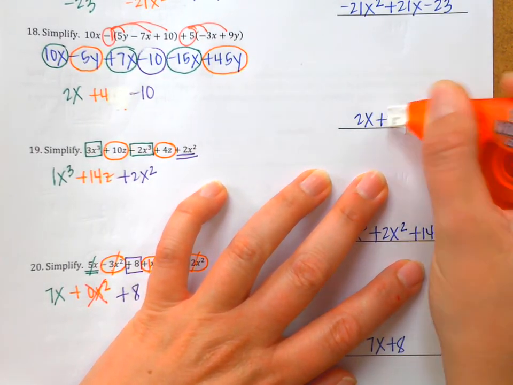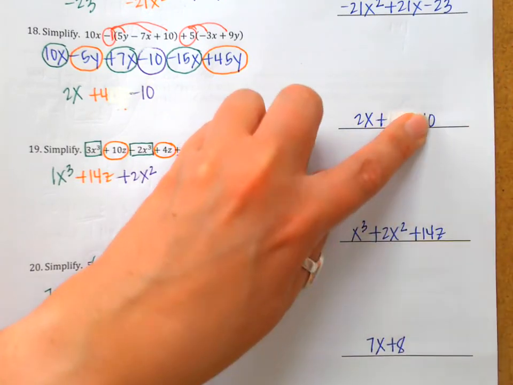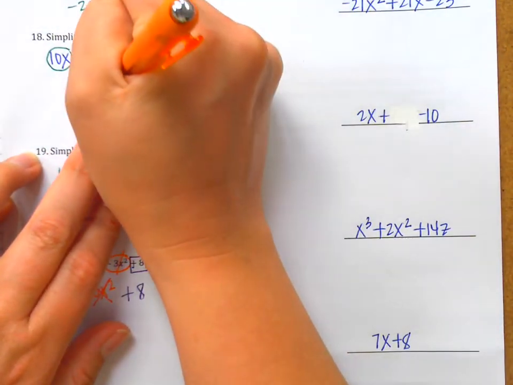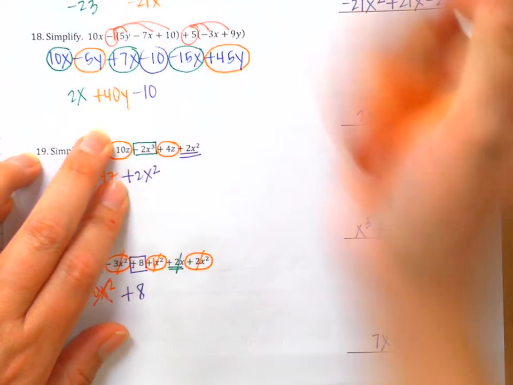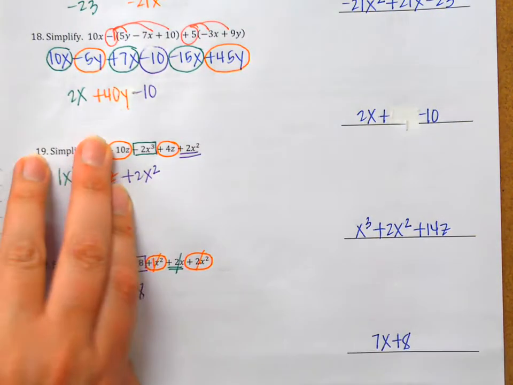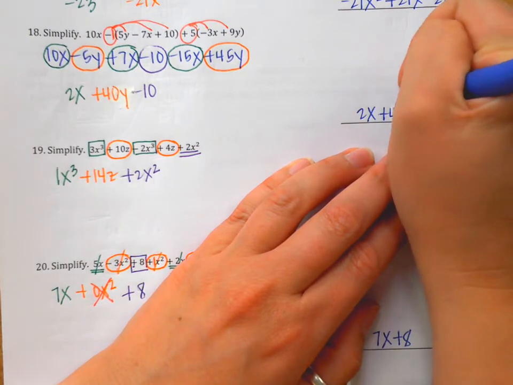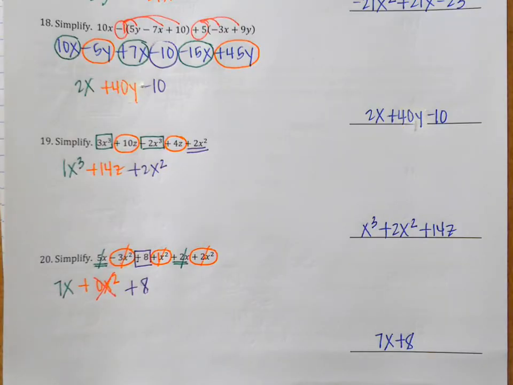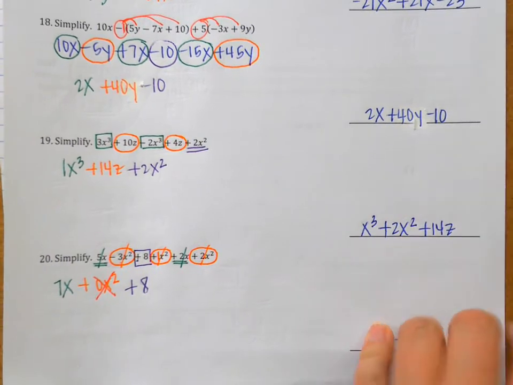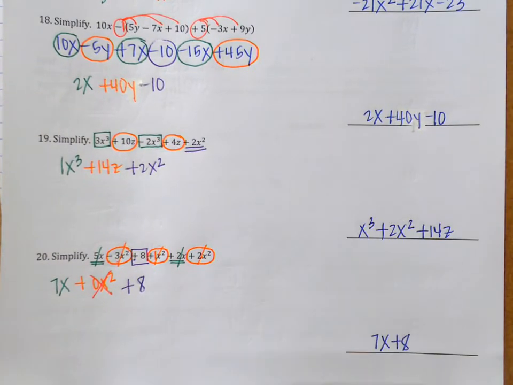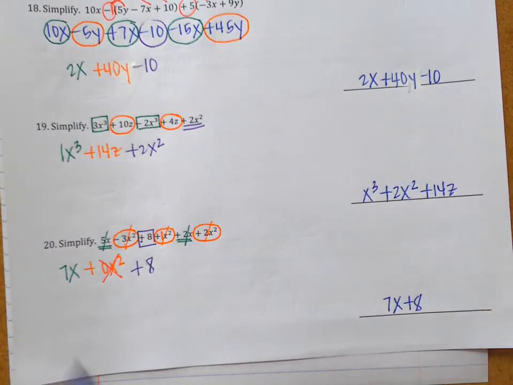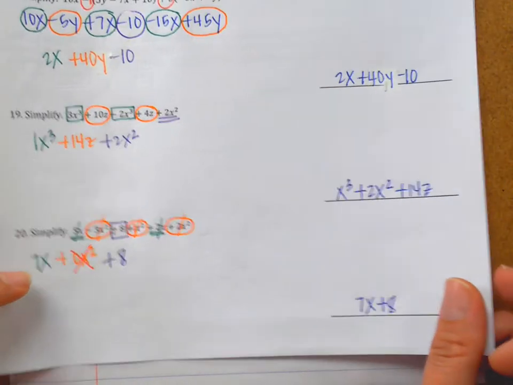This is why I need you guys to be here in person to yell at me and tell me when I make mistakes. So 40y, and then this would also be 40y. Okay, sorry about that one. I took a second and then I saw it and I was like, oh, I guess we should fix it now before we end the video.